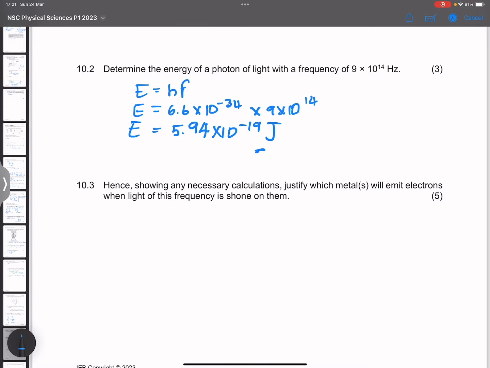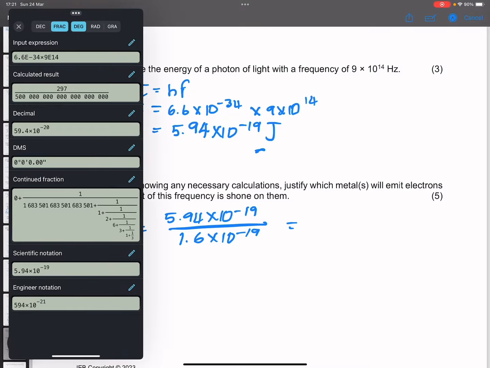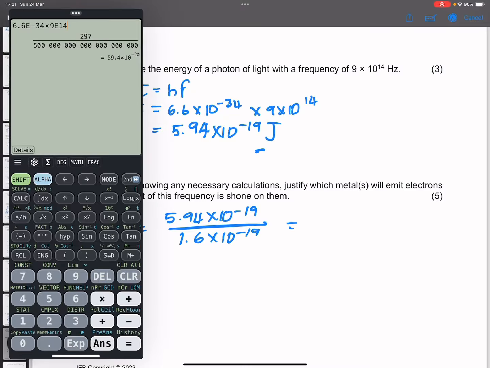So I'm going to say E is 5.94 times 10 to the minus 19 divided by 1.6 times 10 to the minus 19. Let's do that. I still have that value there, and I'm going to say this is divided by 1.6 times 10 to the minus 19.